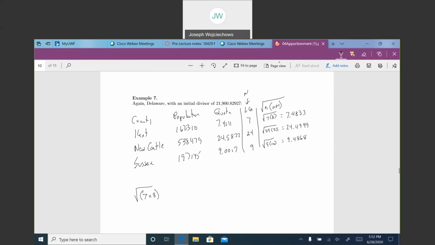Another way you could do it is figure out what 7 times 8 is, which is 56, and then do the square root of 56, same way. Or you could do 56 and use your caret button to the 0.5. Any of those methods would work.